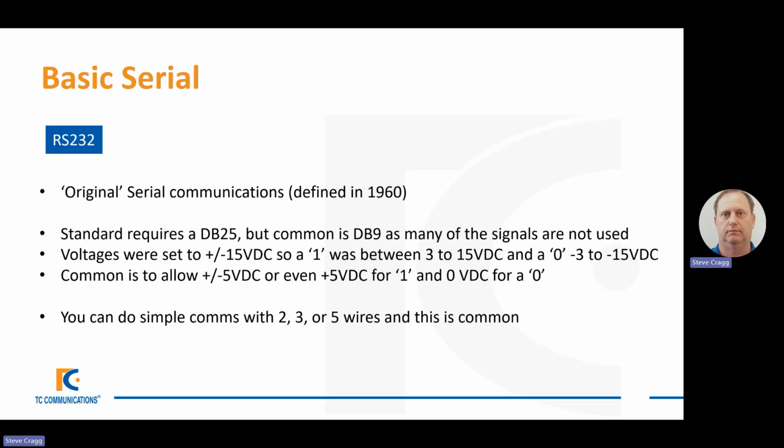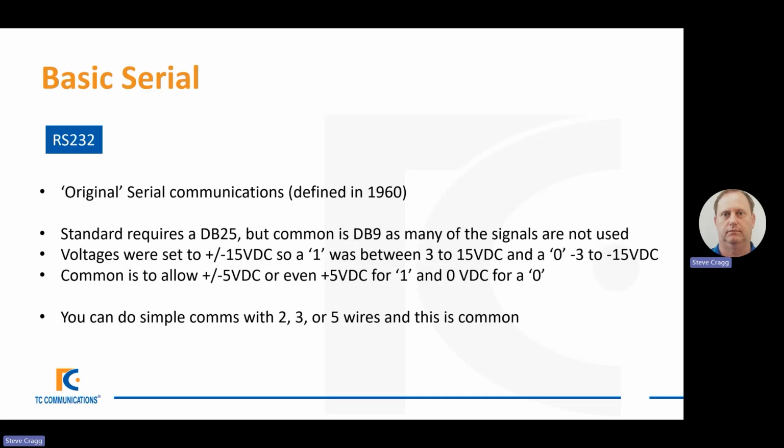If you just want to transmit data, you can simply transmit data over the second wire. You can do bidirectional, in other words, sending data both directions with simply 3 wires, a receive, a transmit line, and a ground. And if you want to use flow control, 5 lines is very common. And I'll explain about flow control shortly.